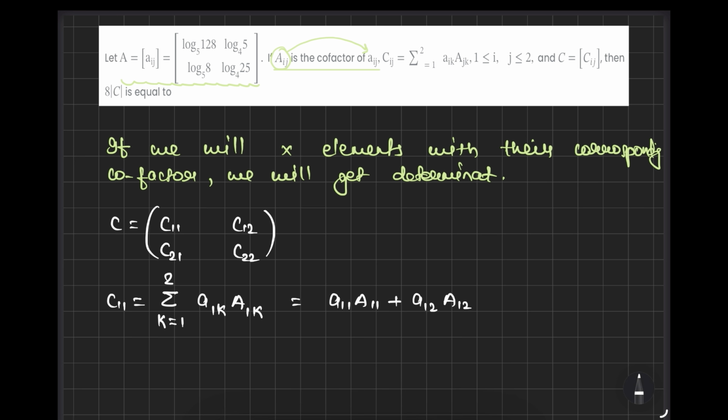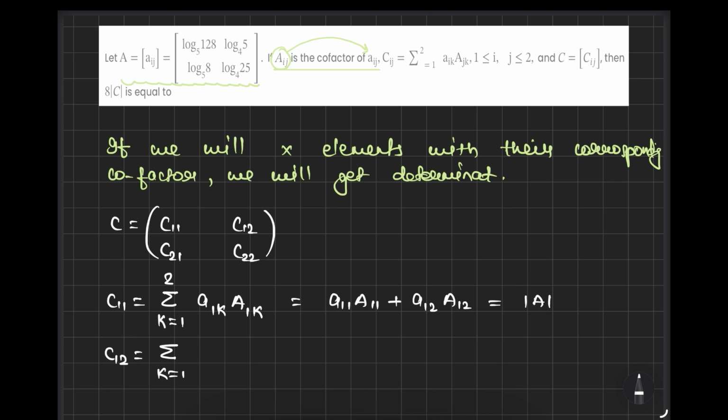You are multiplying elements with their own cofactor, so what do we get? We get the determinant of A, because this is an element of A and a cofactor of A. So C11 will become determinant of A.